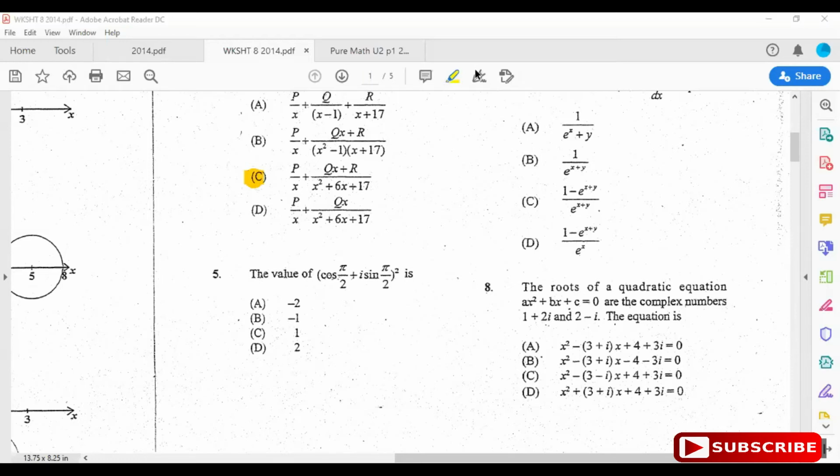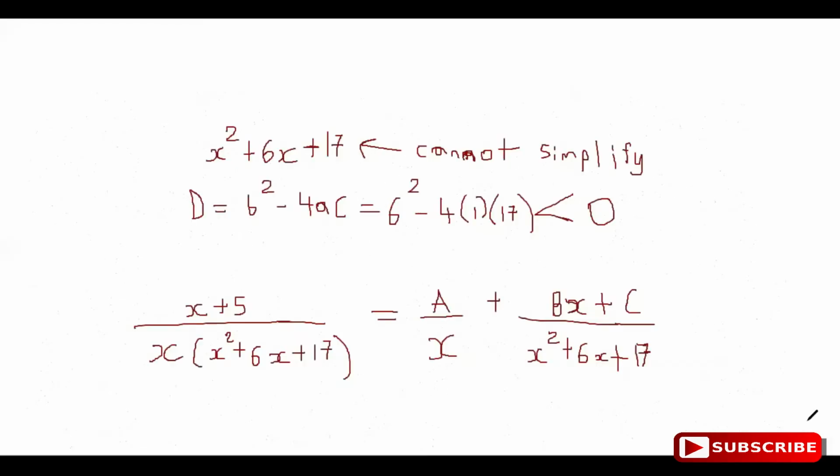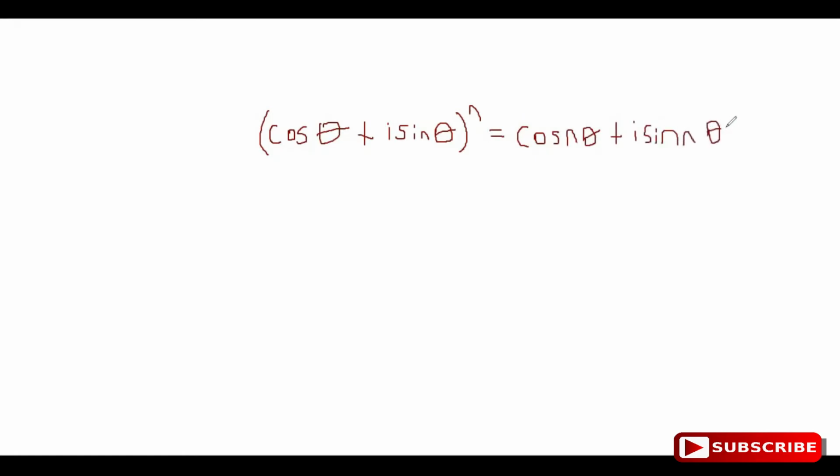So cosine theta plus i sine theta raised to the nth power is equal to cosine n theta plus i sine n theta. That's De Moivre's theorem.